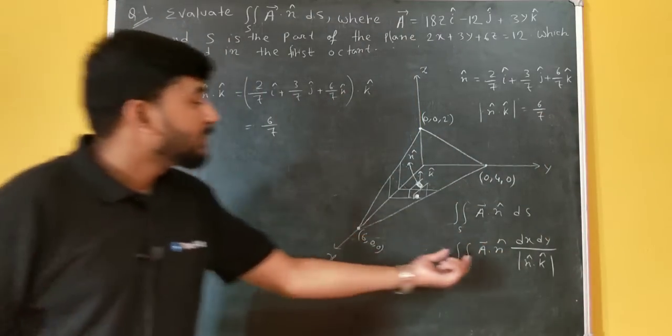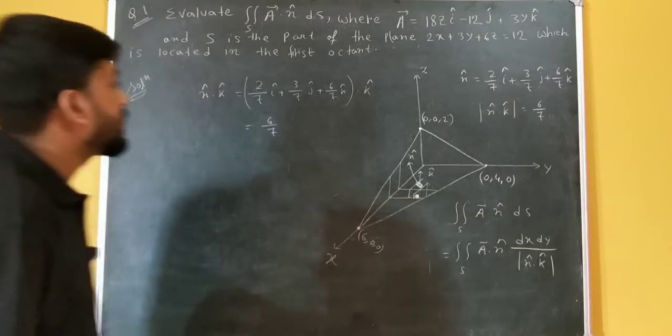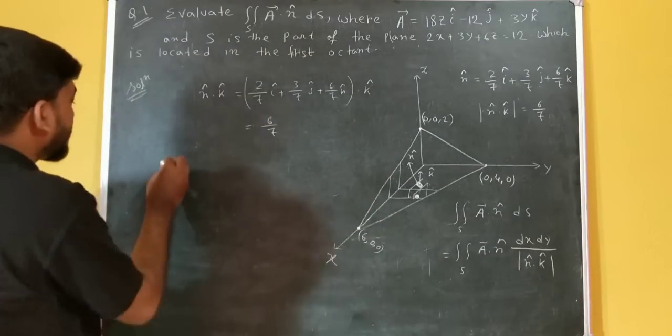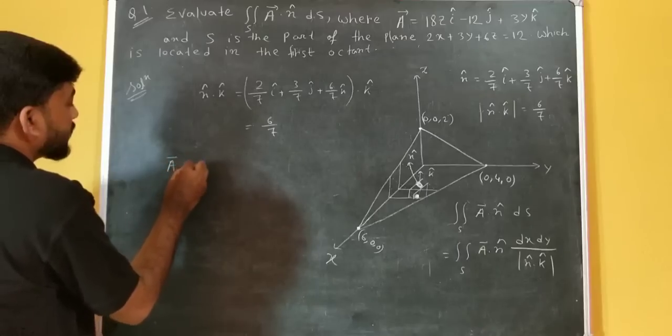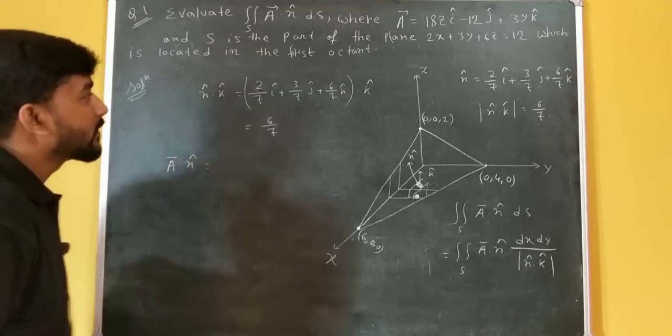Another thing is a dot n cap. So what is a dot n cap? A is also given, and you can see here a dot n cap.